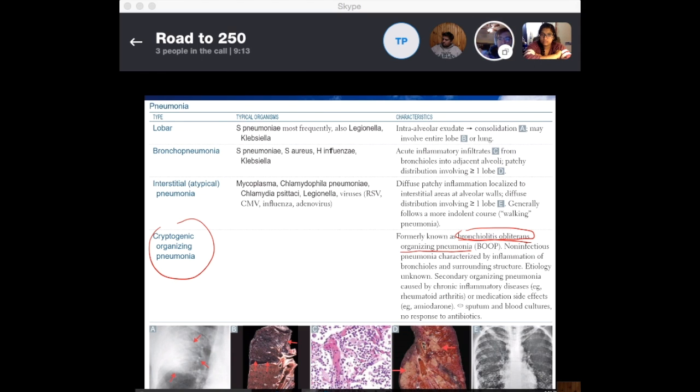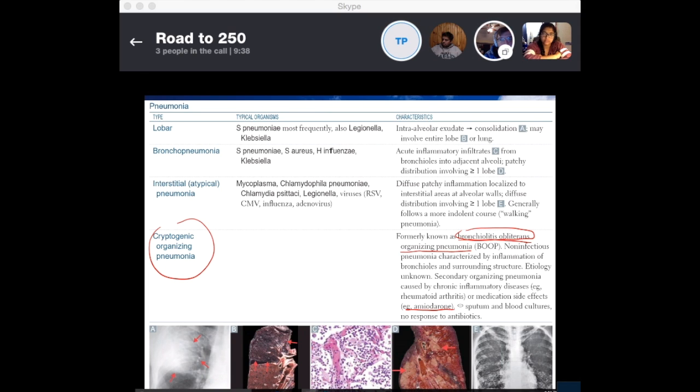And of course, medication side effects like amiodarone, what might be some other drugs that could probably cause this type of fibrosis or an inflammatory disease of the lungs? Well, doxorubicin, but that's just because it's... No, sorry, bleomycin.